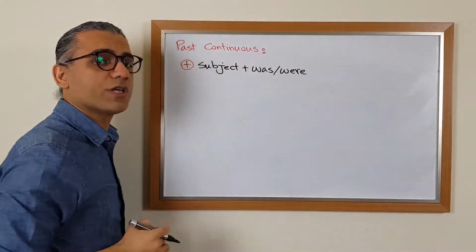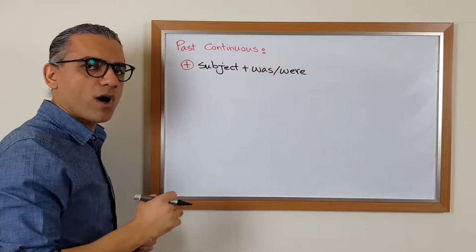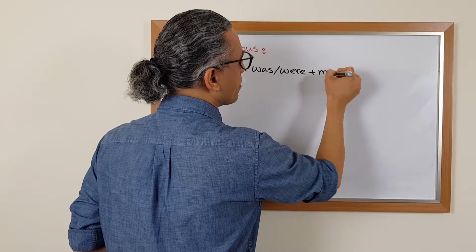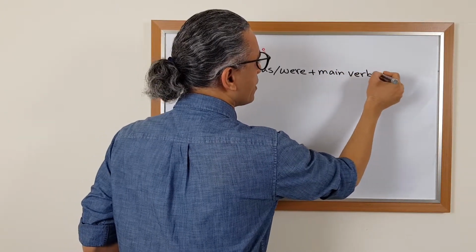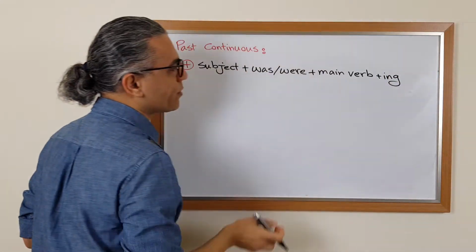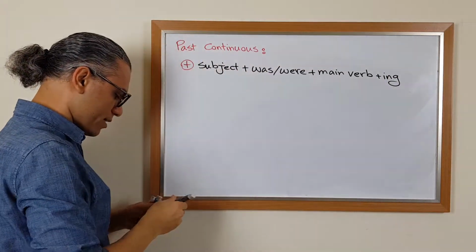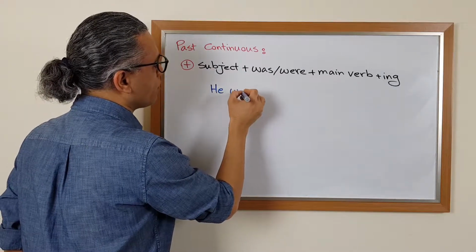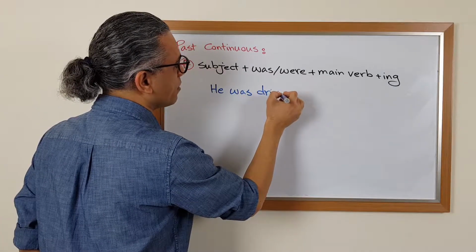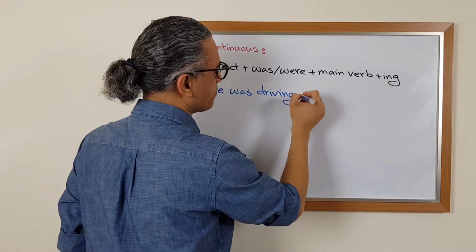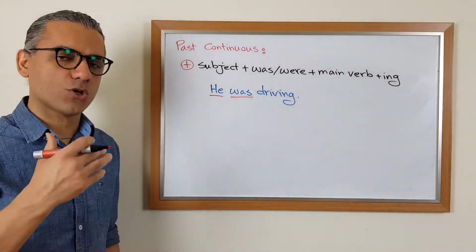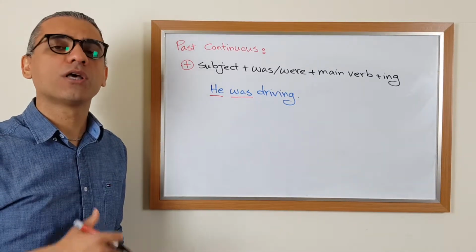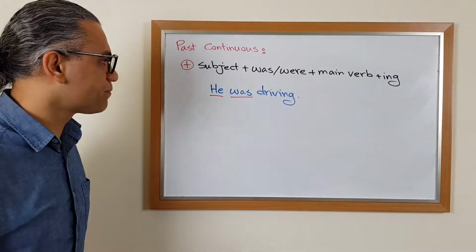These are your auxiliary verbs, and it is always was or were in past continuous, plus main verb in ing form, or main verb plus ing. Example: he was driving. I was, you were, he was, she was, it was, we were, you were, and they were.